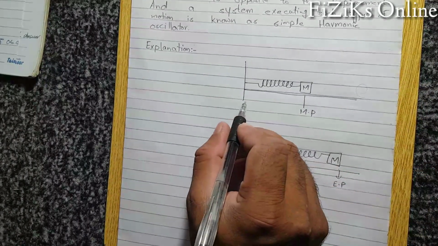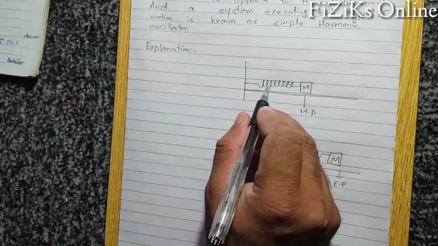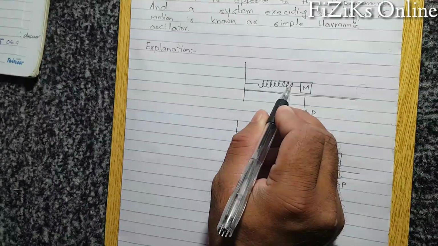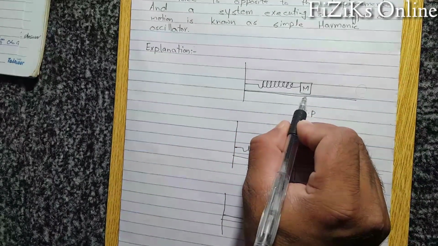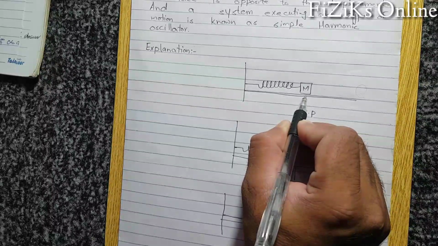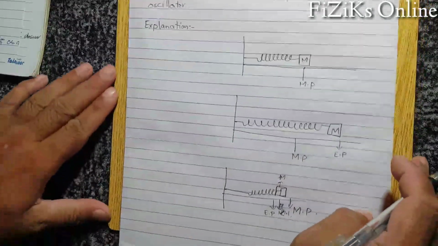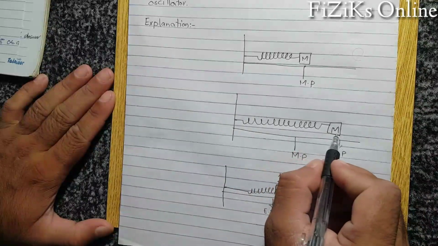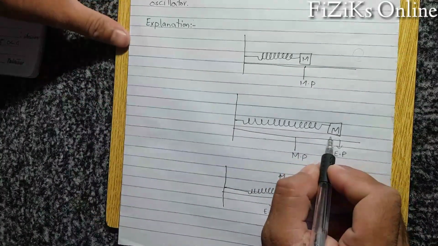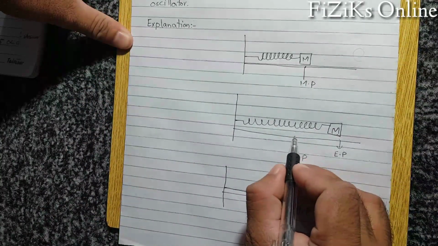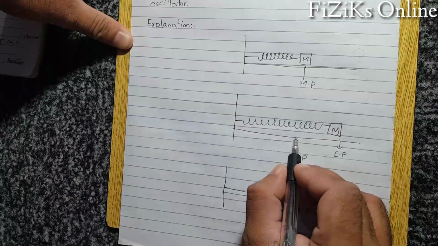Look at this diagram. In this diagram we have a mass attached to the spring. This mass is initially at its mean position. No displacement is provided to it. In the next diagram you can see that the mass is stretched, displacement is provided. This was the original position of this mass.